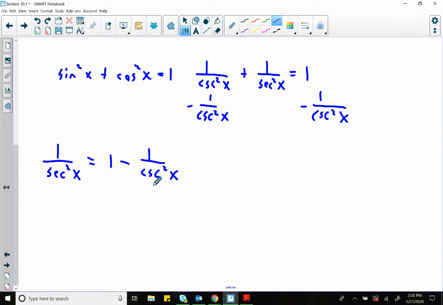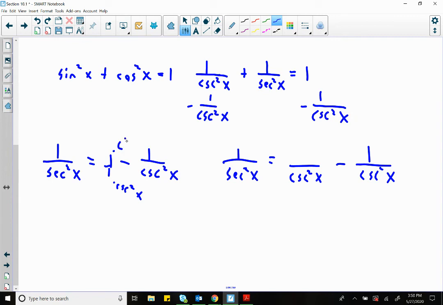And now I'm going to put my two fractions together because remember, this guy's over 1. So I need to have the same denominator. So 1 over secant squared x is equal to, the common denominator will be cosecant squared x. This numerator is still going to be 1. For the other term, I've got to multiply the bottom by cosecant squared x and the top by cosecant squared x, so this gives me cosecant squared x on top.